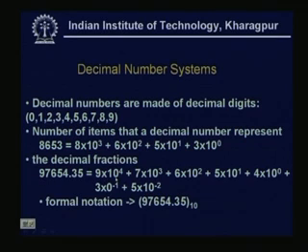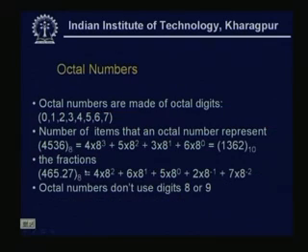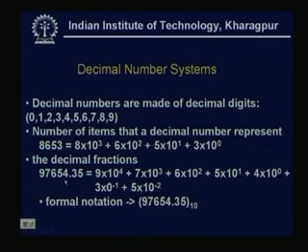So it is 9 into 10 to the power 4, then 7 into 10 to the power 3, 6 into 10 square, 5 into 10 to the power 1, 4 into 10 to the power 0. Now the next should be minus 1, because we have already reached the 0th position, so the position of 3 is minus 1.